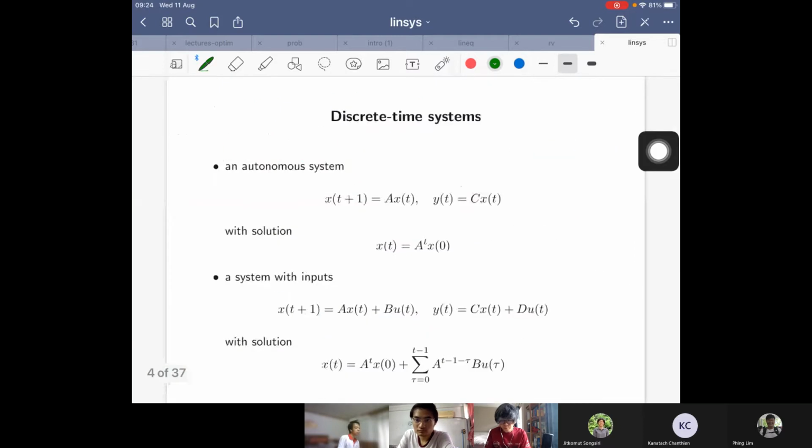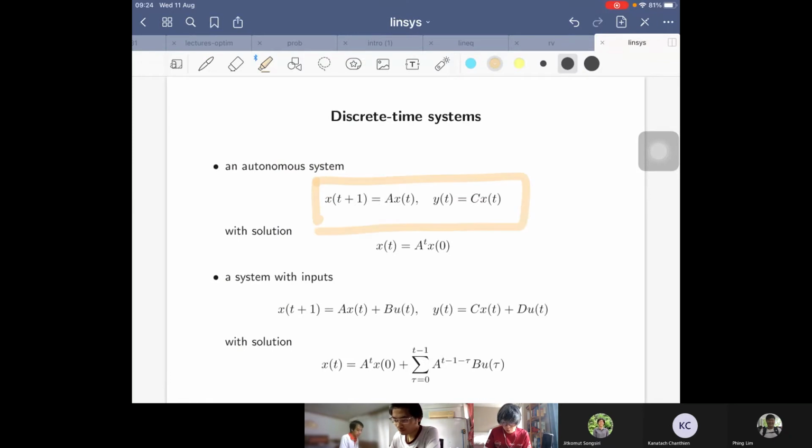Okay, Napat. Now let's talk about discrete time systems. The discrete time system is in this format for the autonomous system and the system with input. And then the response.